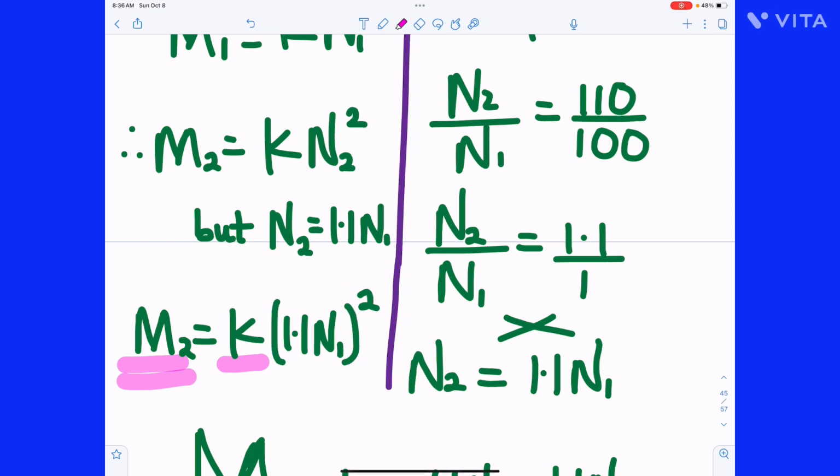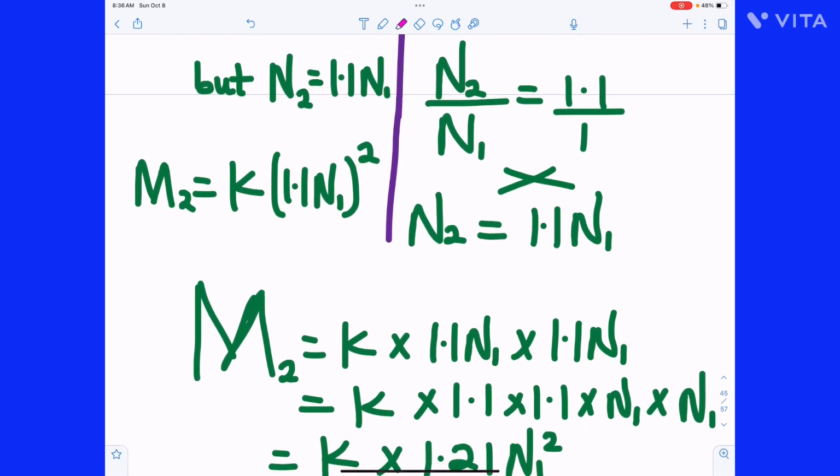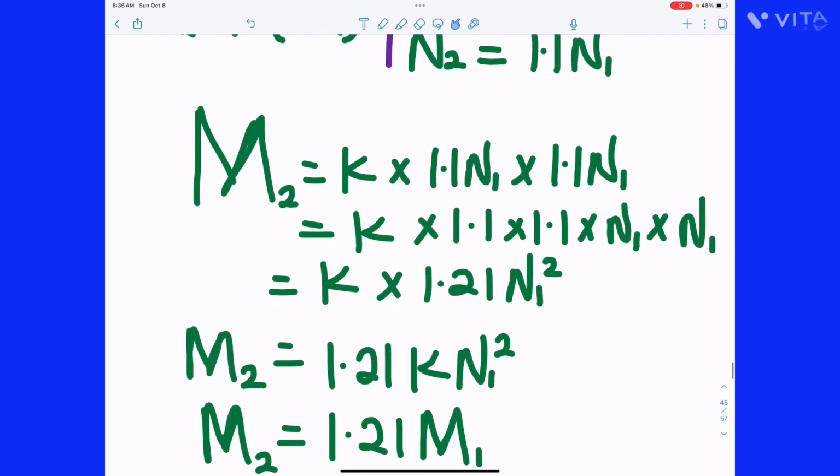When we simplify that, we'll get m2 is k times 1.1 n1 times 1.1 n1. That gives us k times 1.1 times 1.1, then times n1 times n1. That's going to give us m2 is k times 1.21 n1 squared.